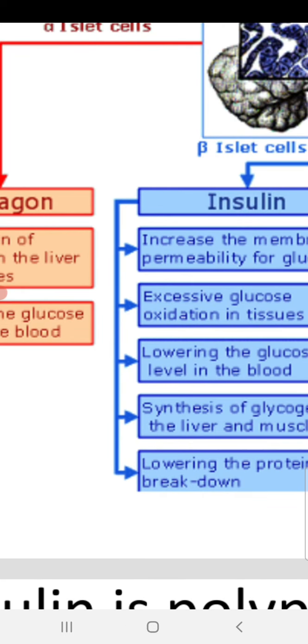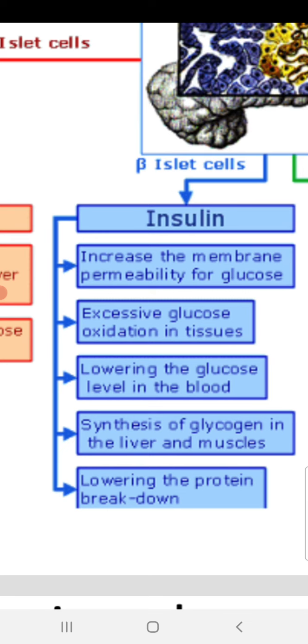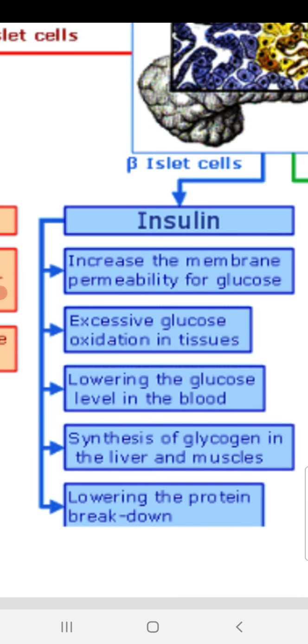Insulin is just the opposite to that: increase in the membrane permeability for glucose, excess glucose oxidation in tissues, lowering the glucose level in the blood, and synthesis of glycogen in the liver and muscles. So whatever extra glucose is there in the blood beyond the range will be stored in the form of glycogen.